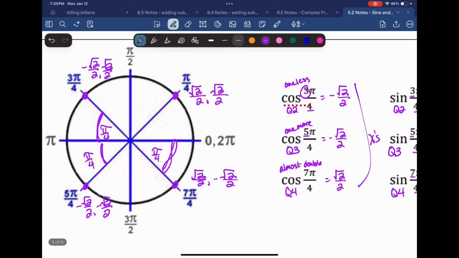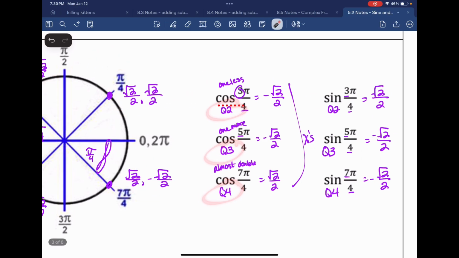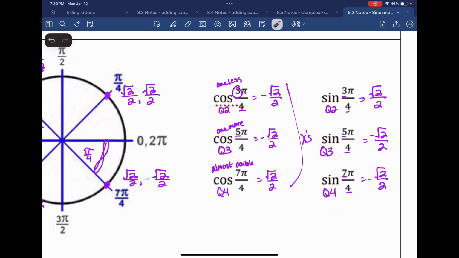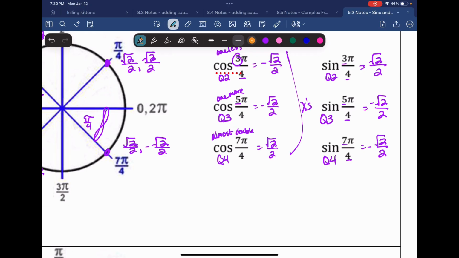These values don't change, just their signs. So if you know the quadrants, you can figure out the signs. If you understand that it is an isosceles right triangle, knowing that this is 1, and these two have to be the same, so x squared plus x squared has to equal 1 squared.